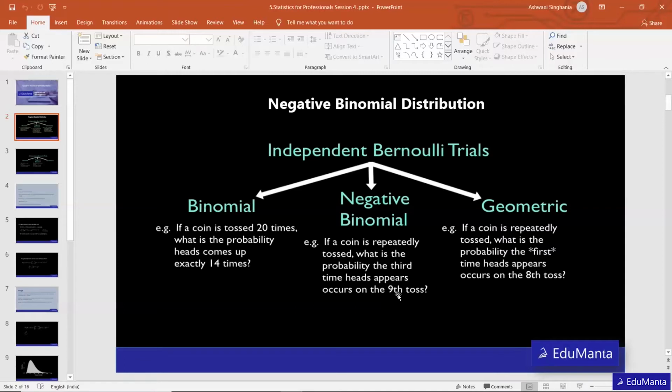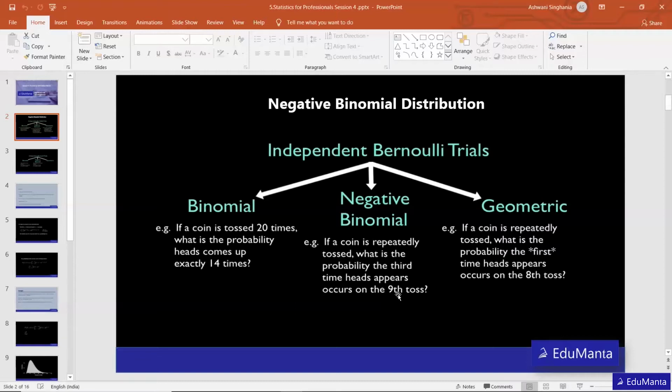Both are similar questions, but in geometric we always ask for the probability of the first success on a particular number of random experiments, whereas in negative binomial we may not be asking for the first success, but maybe the second, third, or any number of successes at a particular number of random experiments.